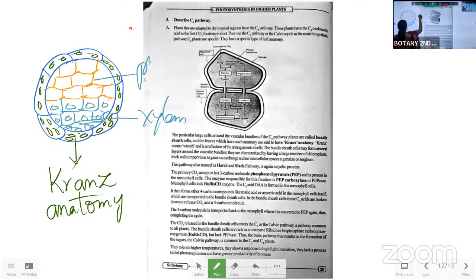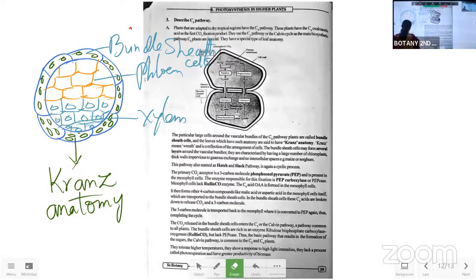And this is phloem. These are bundle sheath cells. Like that, we have to draw the diagram and show the Kranz anatomy and the vascular bundle. Whenever we are drawing the stellar region, it should not be empty, so fill it up with the phloem and the xylem. That's it. No further things.